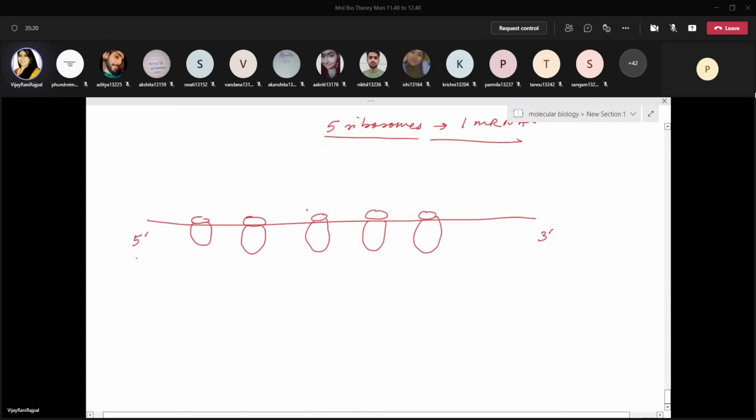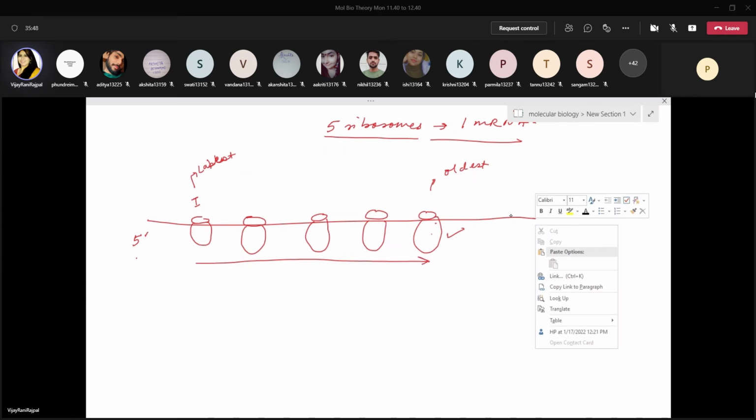Now, look, this is the ribosome that has joined latest. This is the oldest, it joined first. And the direction is this. So this ribosome has already traveled this much length on the mRNA, and it is about to reach the 3' end, right?